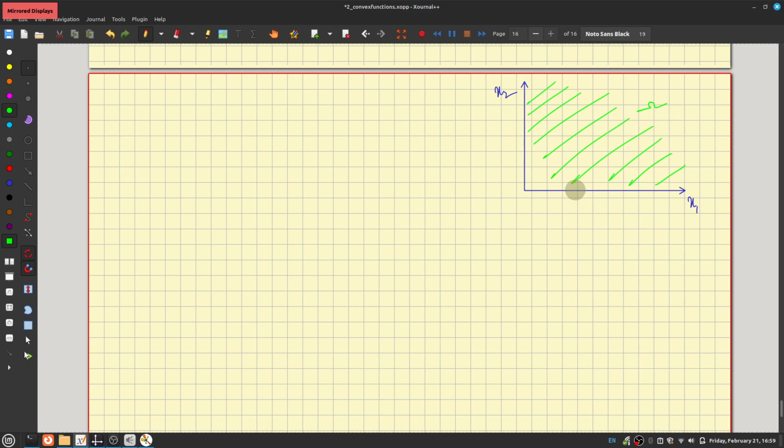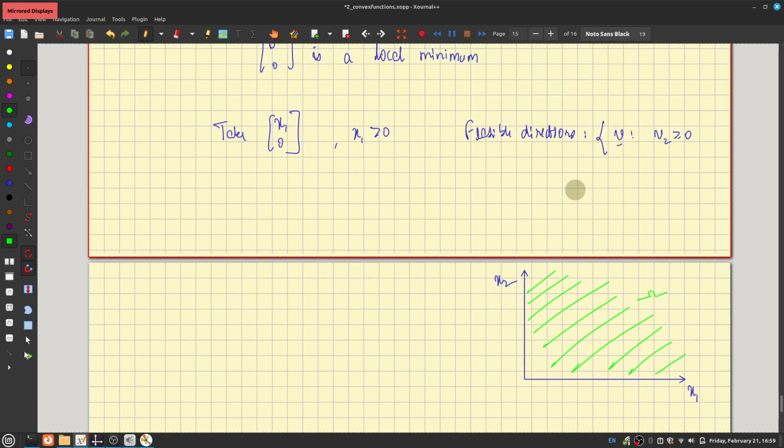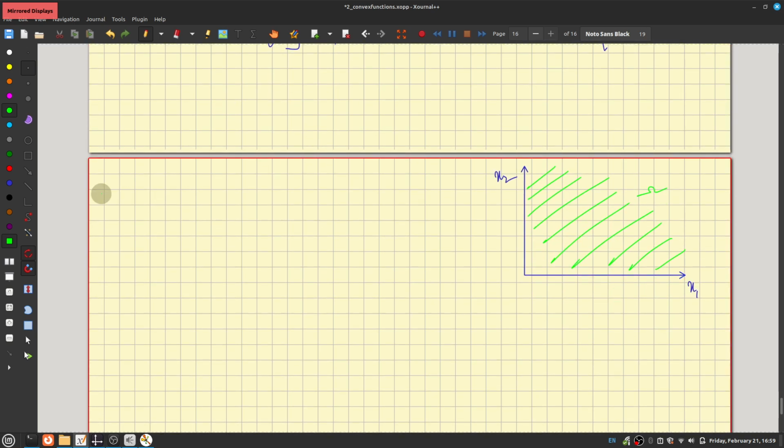And I'm looking at some point which is (x1, 0), which is perhaps a point that lies here. So in here, any feasible direction, so anything that points inwards is a feasible direction.